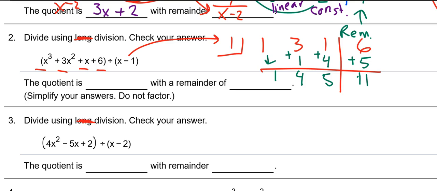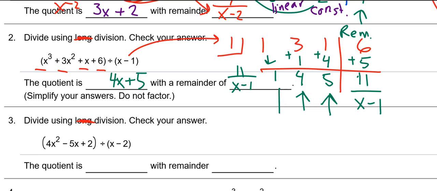So what did we get? Well, of course our remainder is 11. That's the part that's over x minus 1. So that's my answer, 11 over x minus 1 in that part. But then what's next to that? We got our constant term, we got our linear term, and we have our quadratic term.